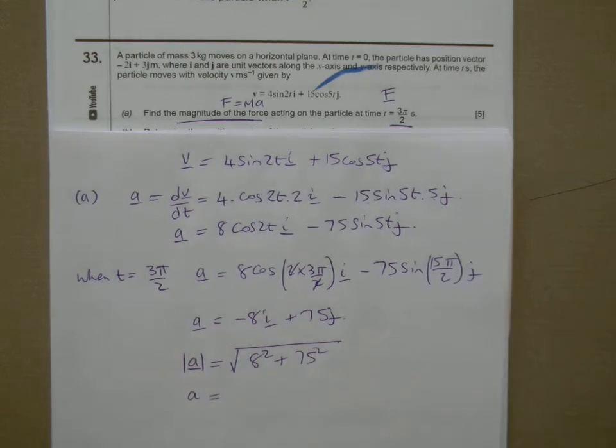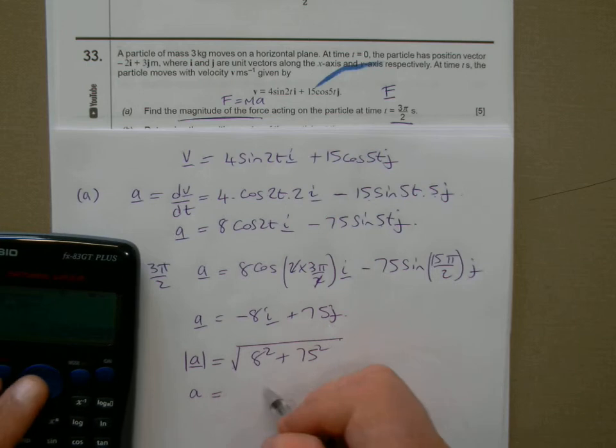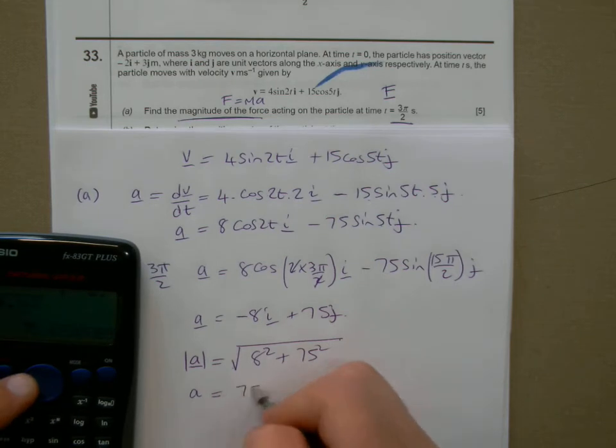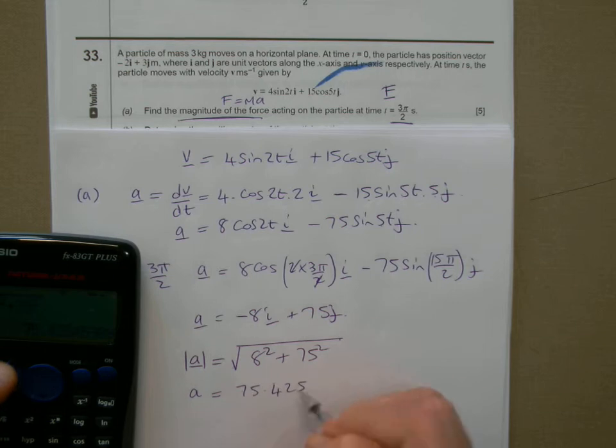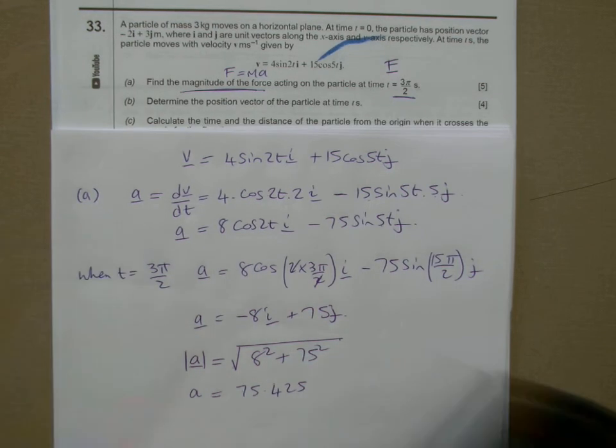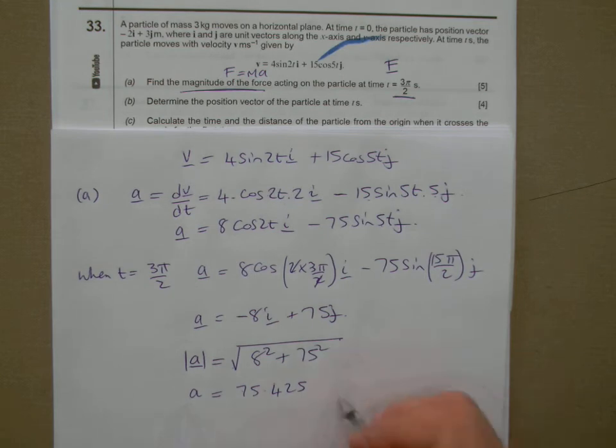So that's what we need to do to get the actual size of the acceleration. Okay, so that comes out to be, oh, it's not very nice, 75.425 to 3 decimal places, okay? So I don't need to underline it anymore because I've got the acceleration there.